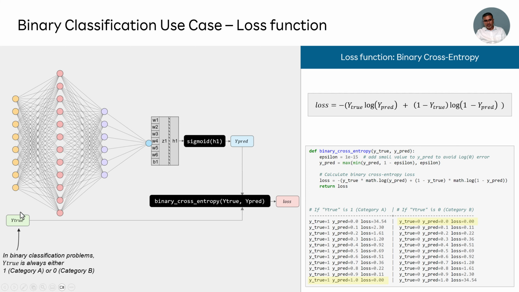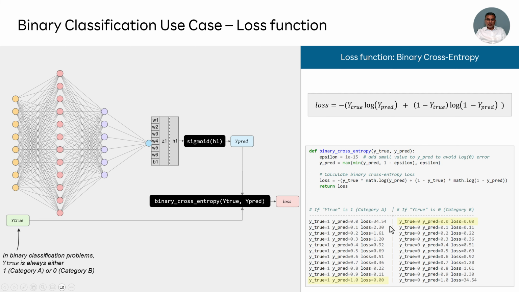Let's say your ground truth value is 1, your sigmoid function predicts 0.1, the loss has gone down, and you keep going down. Now, if the ground truth value is 1 and you predict 1, the loss is 0. So our prediction is pretty accurate compared to the ground truth value.